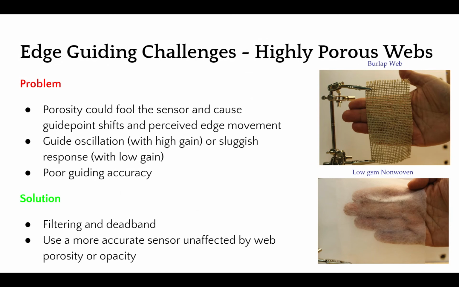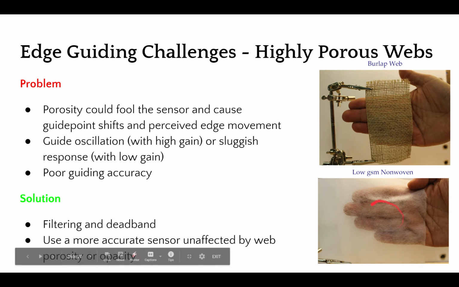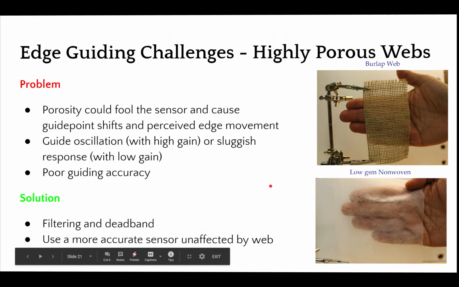Now, obviously, if you have a better sensor, then you can do better. And if the sensor is not affected by porosity or opacity, then you wouldn't have that issue at all. But if you don't have that option, then you can certainly do filtering and also do deadband if you have a little bit of information about your web and the opacity changes.